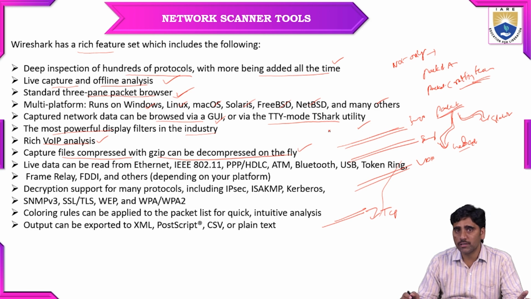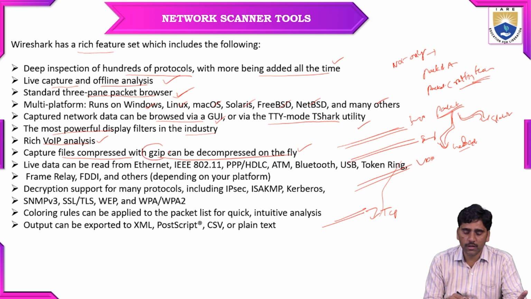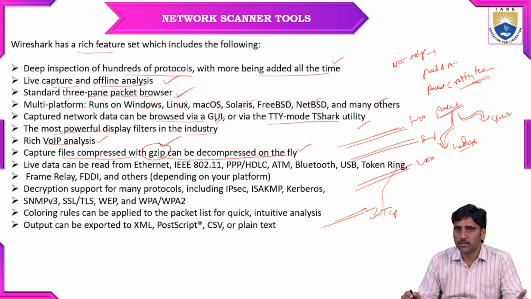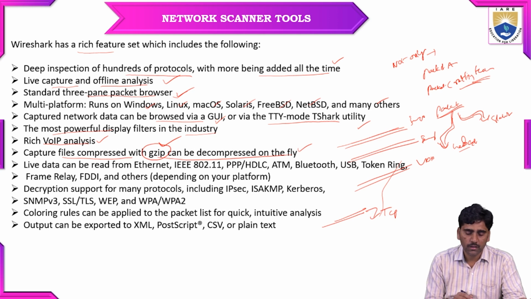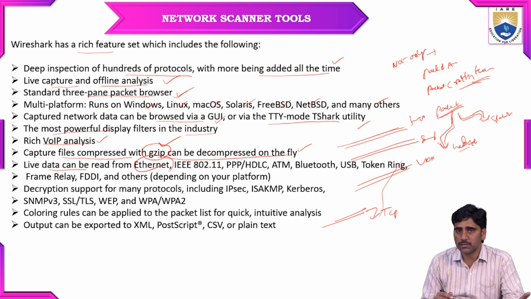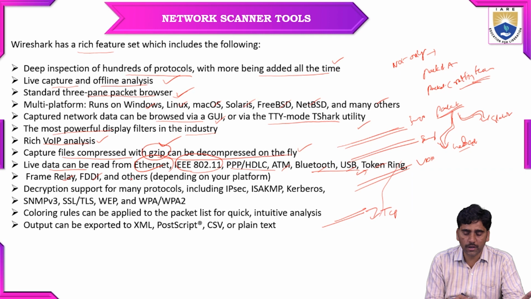If your capture files are large, you can compress them with the gzip command, and you can also decompress them with the gzip command. Live data can be read from Ethernet, as we mentioned in the previous slide, or from wireless IEEE 802.11, point-to-point protocol, ATM, Bluetooth, USB, Token Ring, frame relay, FDDI, and others.